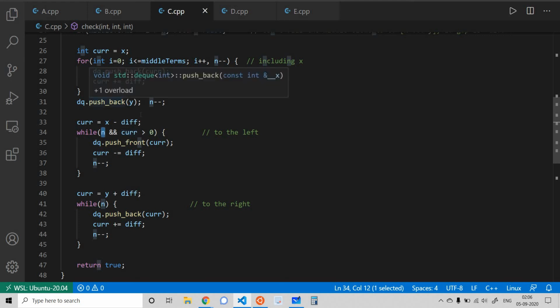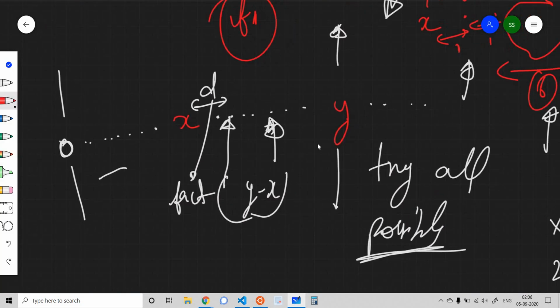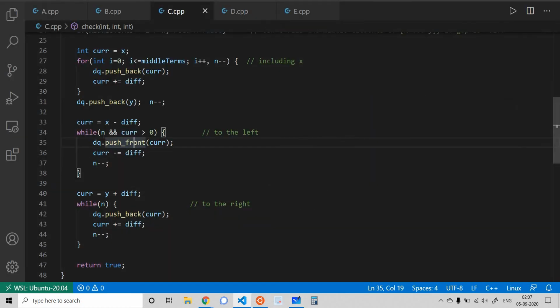So I use the DQ because in a DQ I can push the elements in front as well as at the last. So I use the push front operation here, as I'm placing the elements on the left side of x, if current is greater than 0, and I'm moving one by one at a difference of div to the left side. So if current is greater than 0 and I'm still left with a few elements, I'm pushing it in the front of my DQ and decrementing.